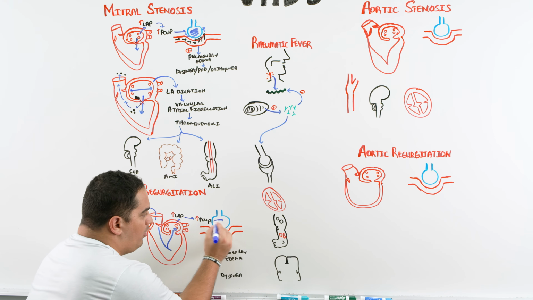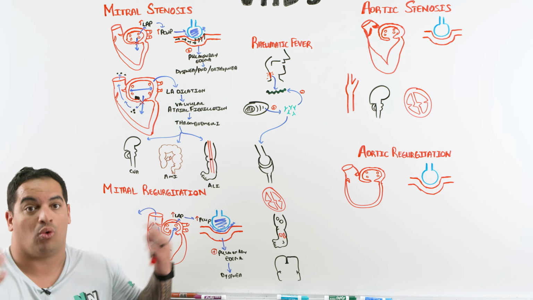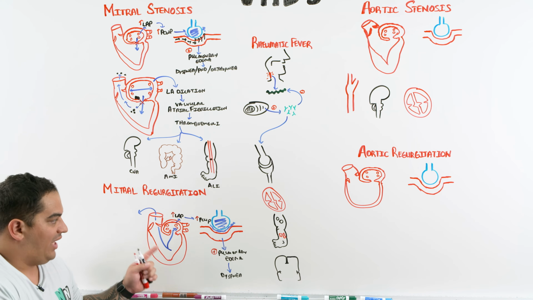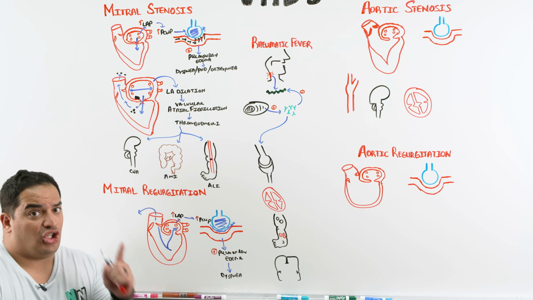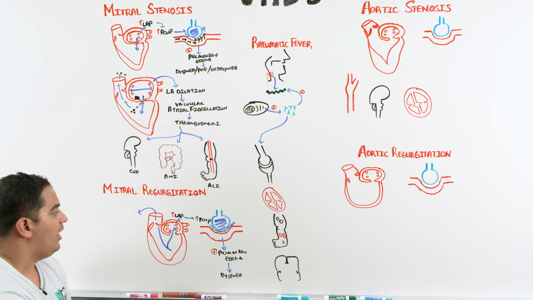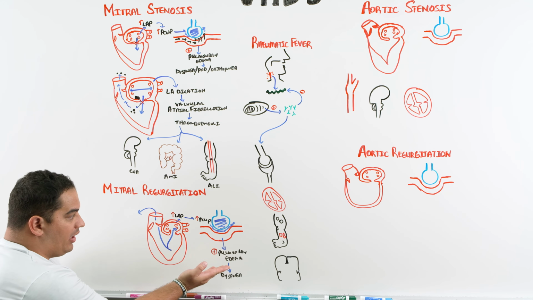So then again, fluid will accumulate in all these particular areas here, precipitating this, which may precipitate this or worsening respiratory failure. The other downside of mitral regurgitation, especially if this is acute: if a patient develops an acute mitral regurgitation, a lot of blood backs up here and causes overt pulmonary edema.